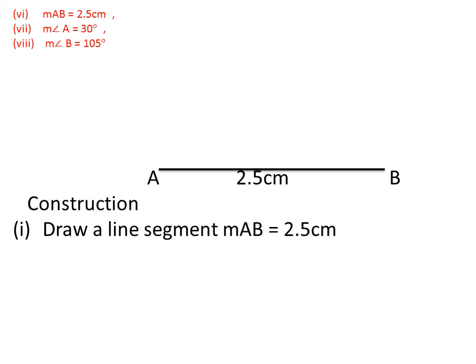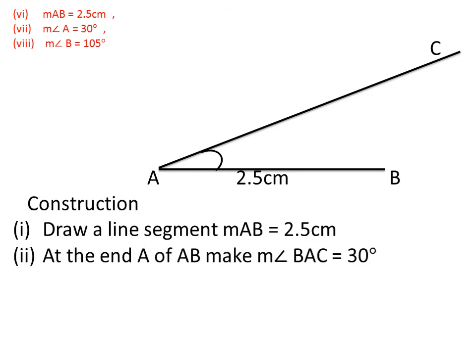At point A, we have to draw an angle of 30 degree. We can make this angle by using a protractor like this, and we can write this statement for this as: at the end A of AB, make measure angle BAC equal to 30 degree.